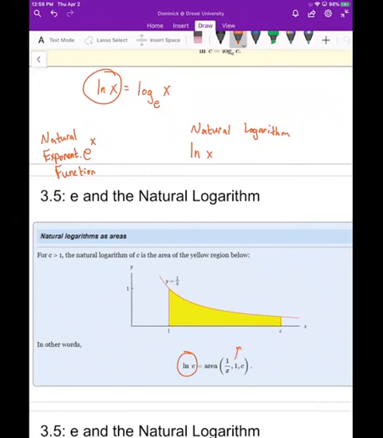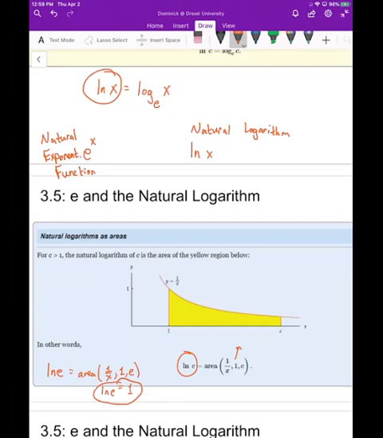So the natural log of e is the area under 1 over x from 1 to e, and we just said that that was equal to 1. So from this, you can conclude that the natural log of e is equal to 1.